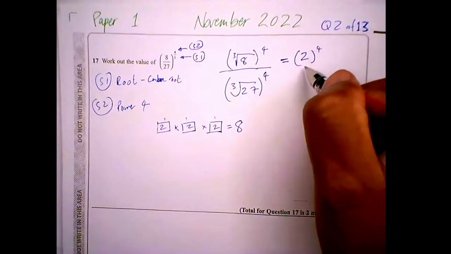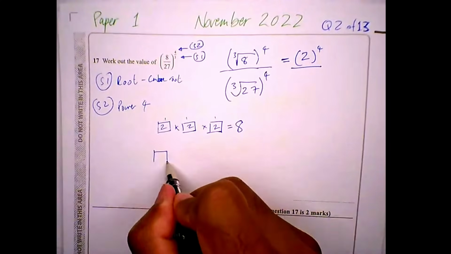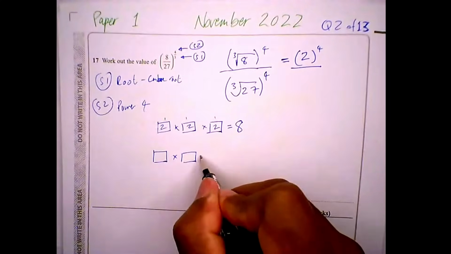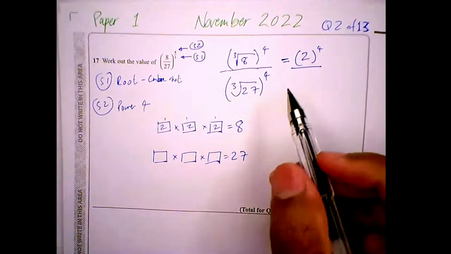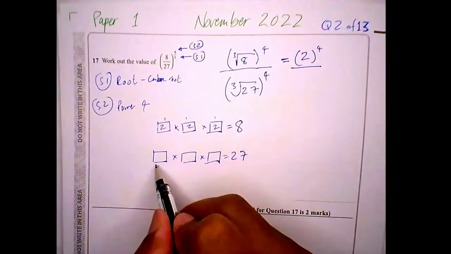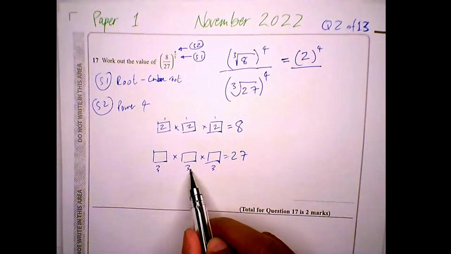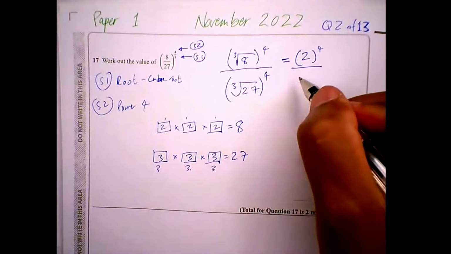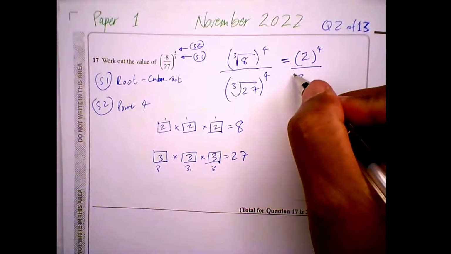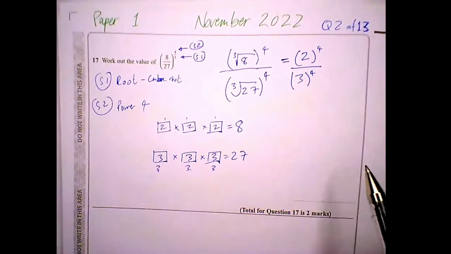Now I'm going to look at the cube root of 27. It's not 1, it's not 2. 3 times 3 is 9, times 3 is 27. So the cube root of 27 is 3.